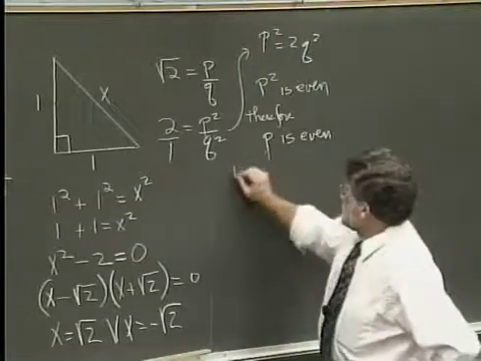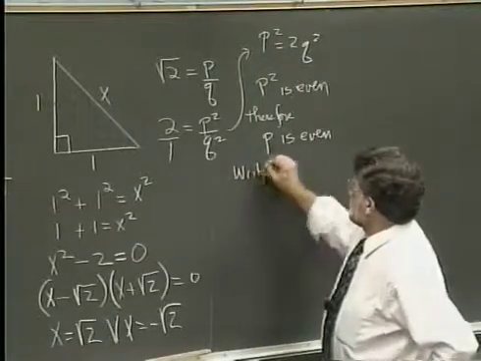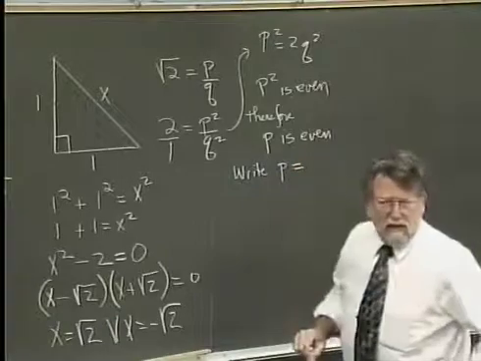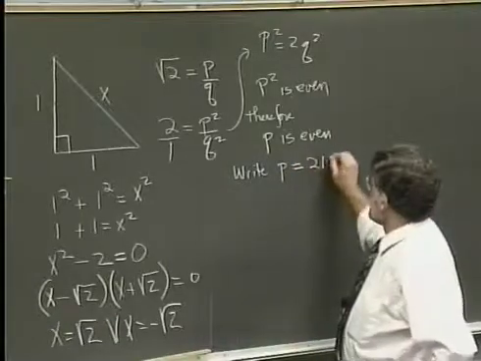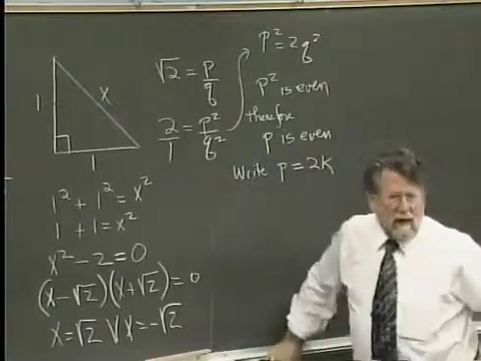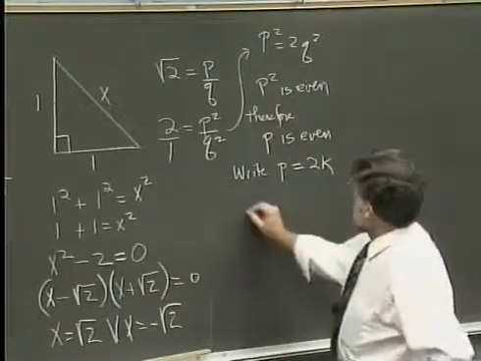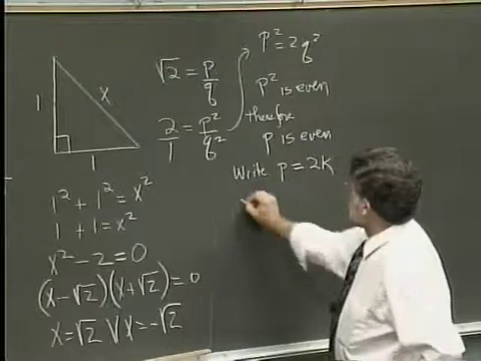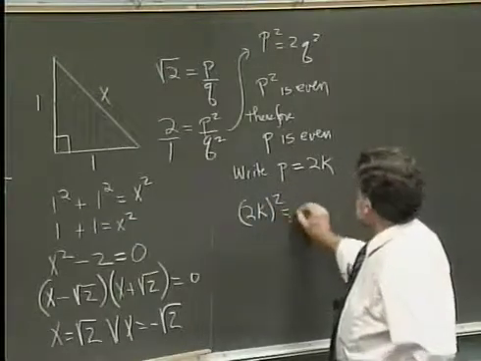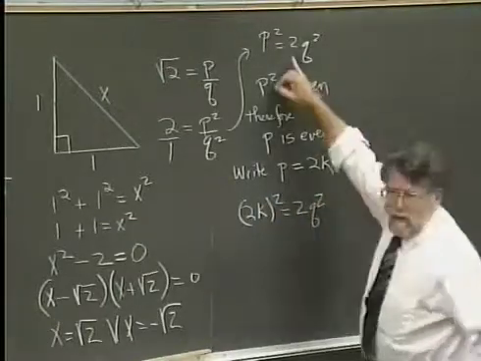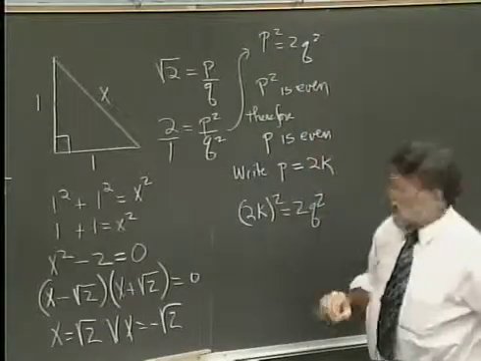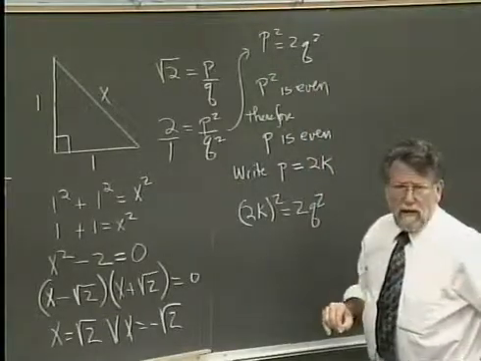We can write it as 2 times something then. So I'll say 2k. Just some number. If a number's even, I can write it as 2 times something. Okay, let's substitute. That says then that 2k squared equals 2q squared, because I knew p squared was equal to 2 times q squared.